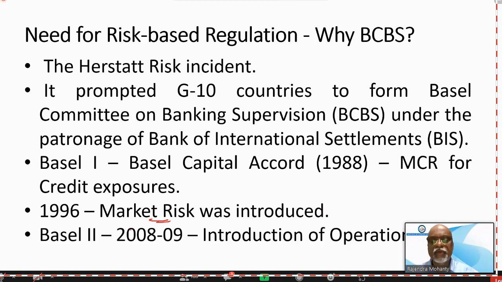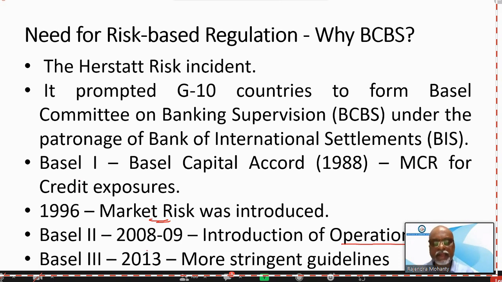Then Basel II was introduced, and within this period, 2008-9, operational risk was also included in Basel II. And Basel II came because certain things in Basel I were not giving good results, or the banks were not satisfied. So revision or modification of rules and regulations happened, and Basel II came in the year 2008-9.